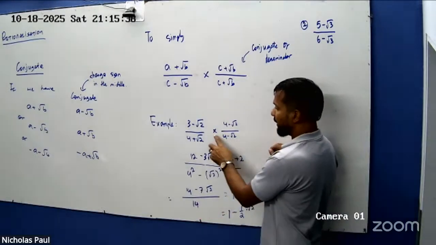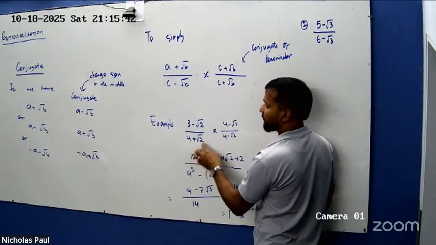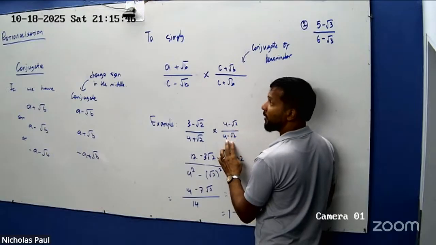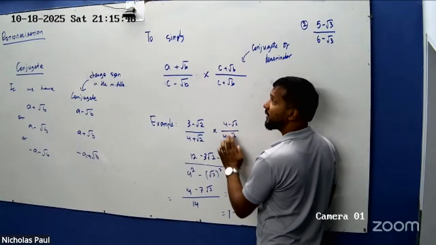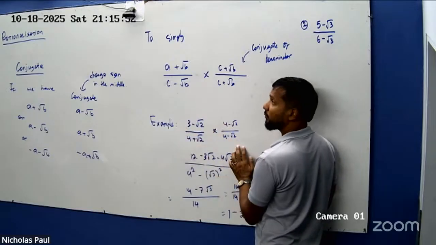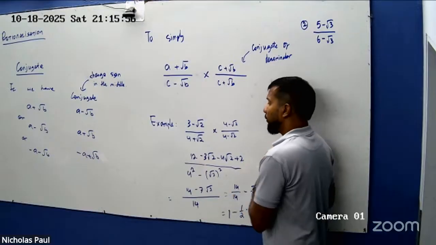So you multiply by the conjugate of the denominator. So if you have 4 plus root 2, it becomes 4 minus root 2, and you do it over itself. The reason you're doing this is that you're technically multiplying the fraction by 1. So you're not really changing the overall answer.